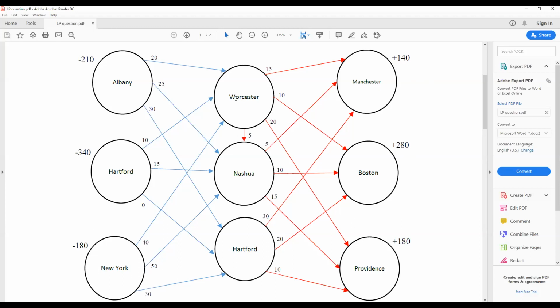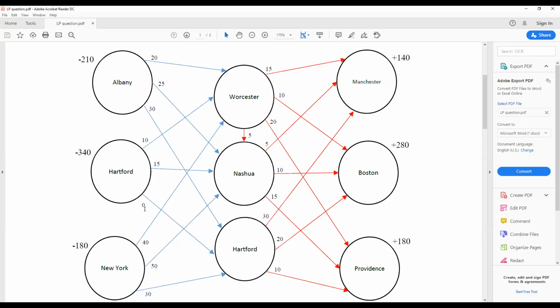Three warehouses in Worcester, Nassau, and Hartford. So as you see, the transportation cost from Hartford to Hartford is zero because there's no transportation cost. Basically, in Hartford, they can have a new warehouse there, exactly in the manufacturing plant. So therefore, there is no transportation cost because there is no need to transfer the goods.